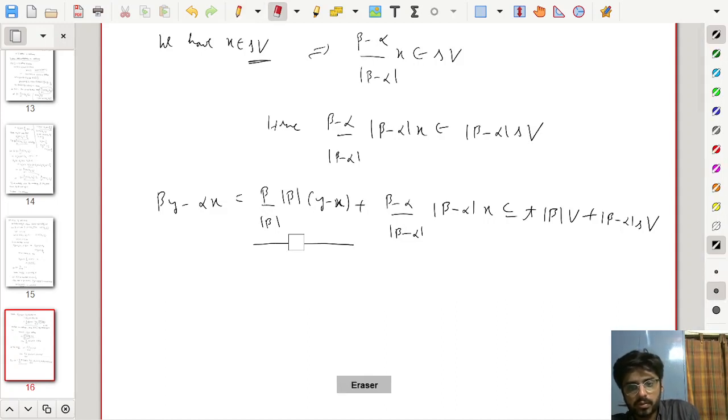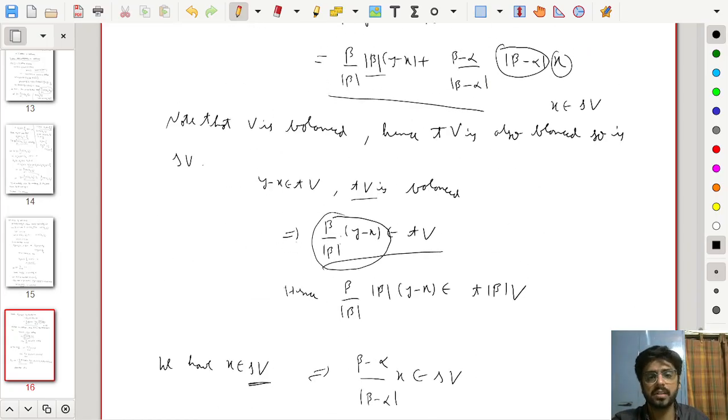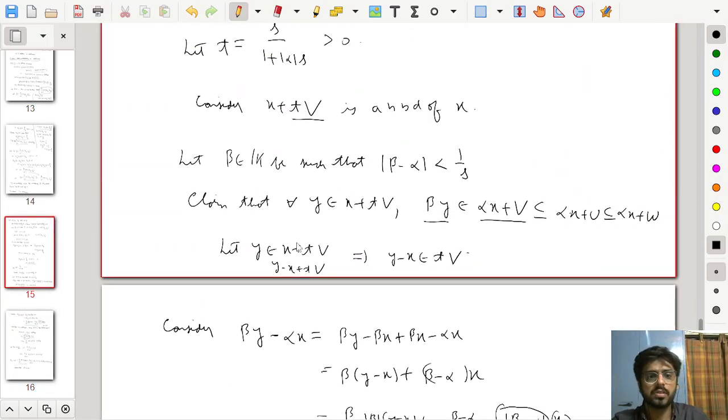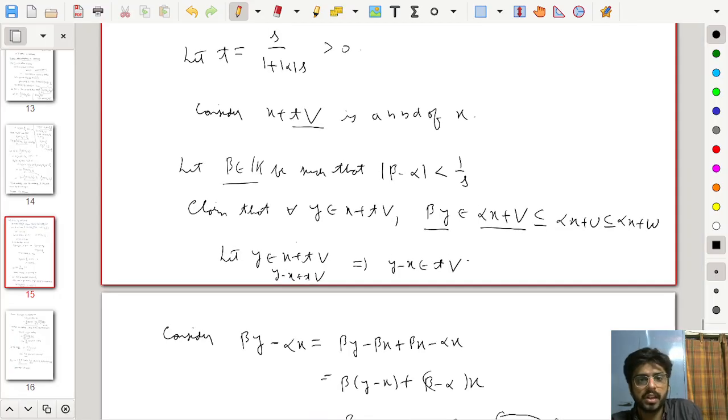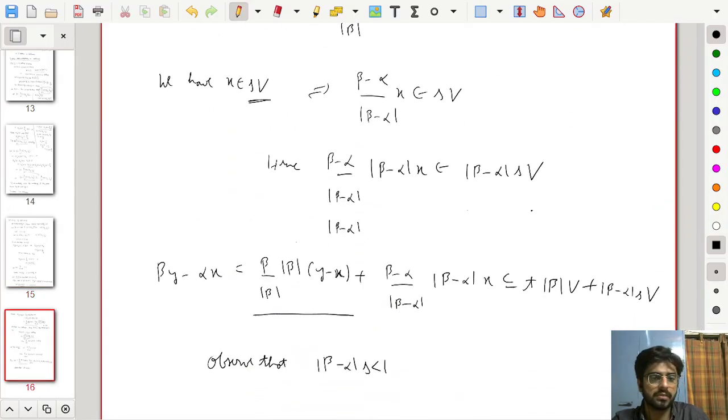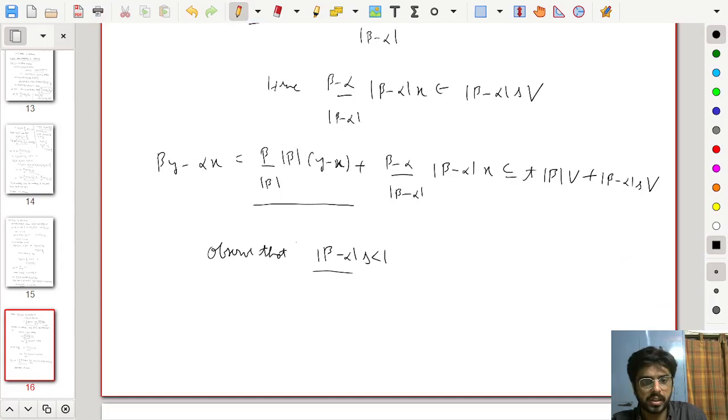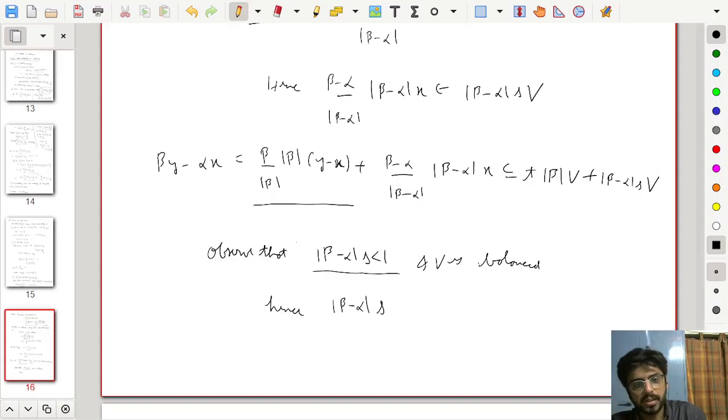Observe that mod beta minus alpha times s is strictly less than 1. Why is that? That is by the choice of beta, right? We chose beta in K such that mod beta minus alpha is strictly less than 1 by s, so this product is strictly less than 1 and V is balanced, hence mod beta minus alpha times s times V is contained in V, right?